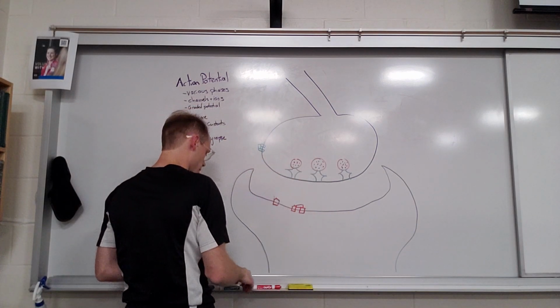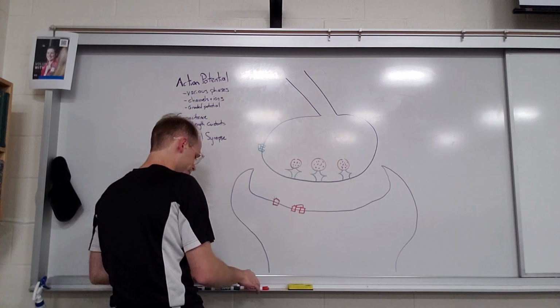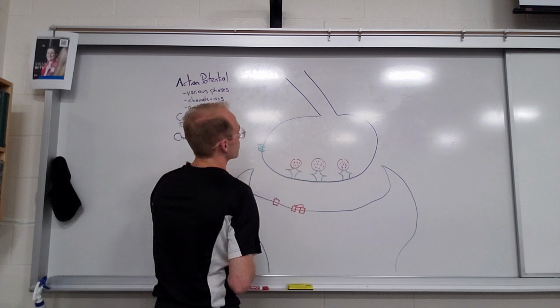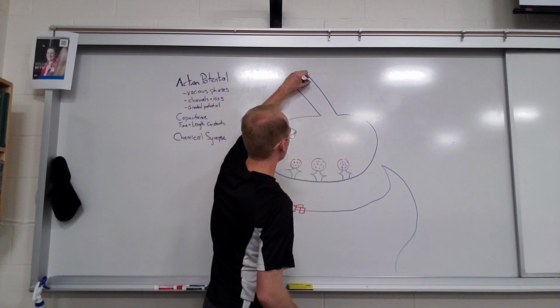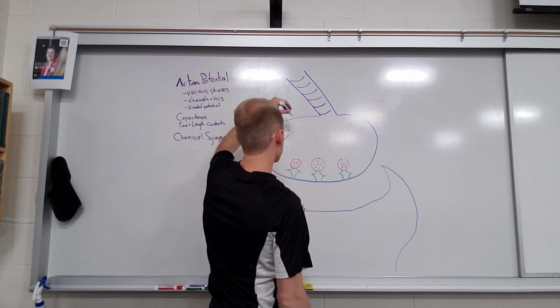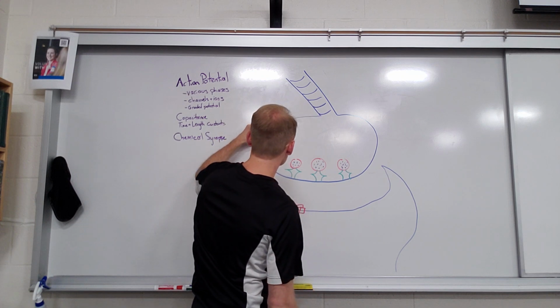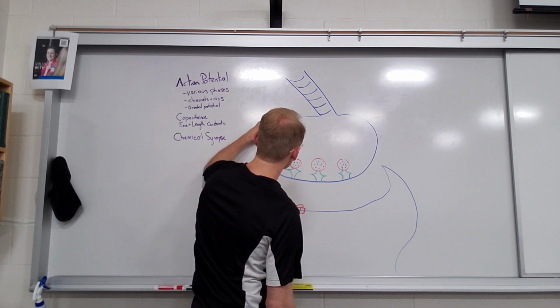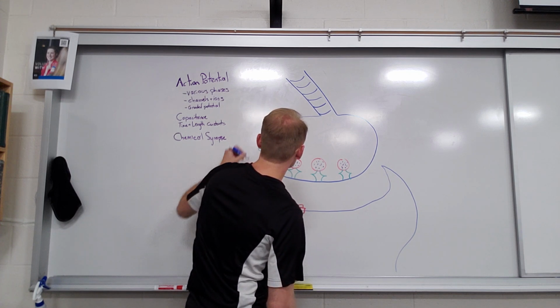But we don't care about those because they're actually super uncommon. So what happens here is, we've got the action potential coming through. And what that does is change the voltage over here. So the inside becomes positive and the outside becomes negative.